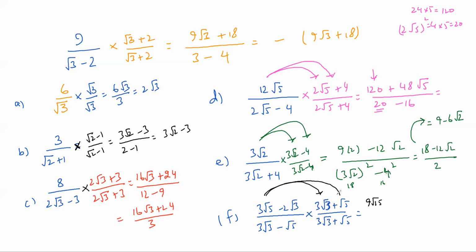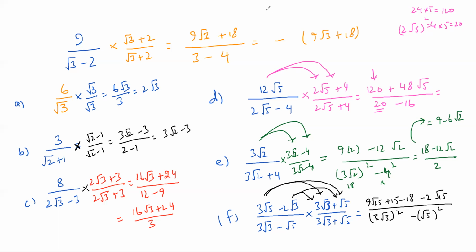And this into this is 3 into 5, that is 15. This into this is minus 6 into 3 is minus 18. And this into this one is going to be minus 2 under root 15. And down here we have 3 under root 3 square minus under root 5 square.